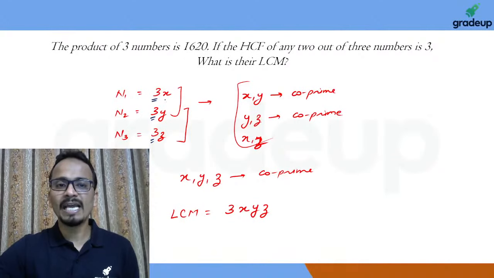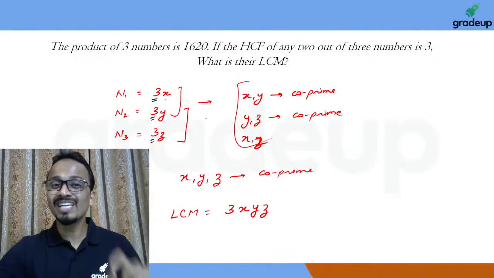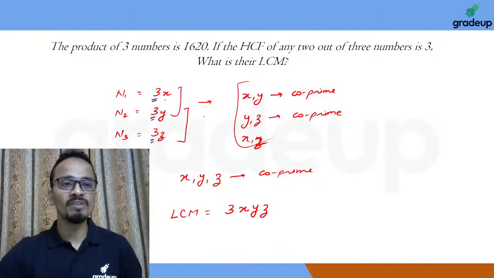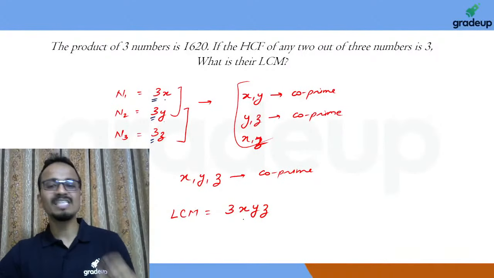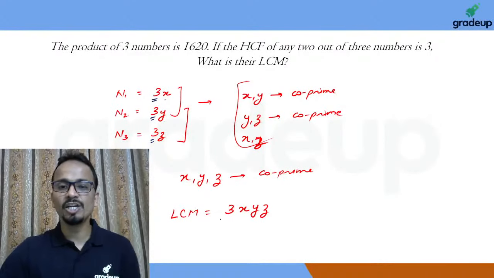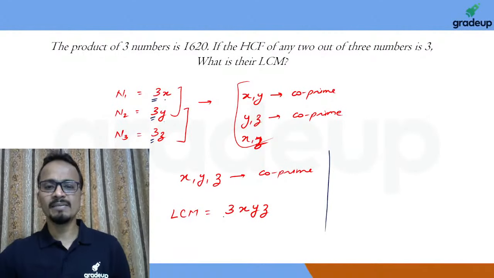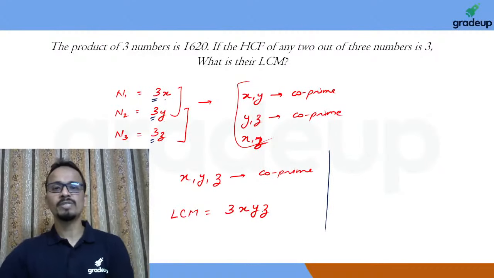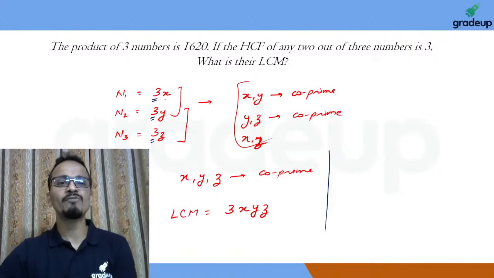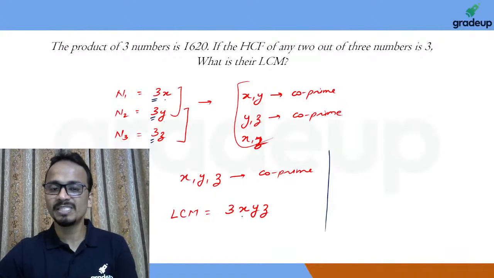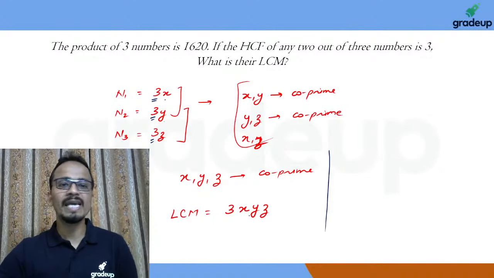And x, y and z are uncommon, they don't have any common factor, so all three x, y and z will be included in the LCM. So the LCM is 3 times x into y into z. Now we just have to find the value of the product of x, y, z, which will be substituted here to calculate the LCM.